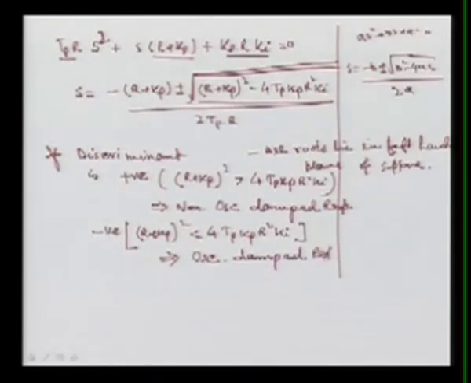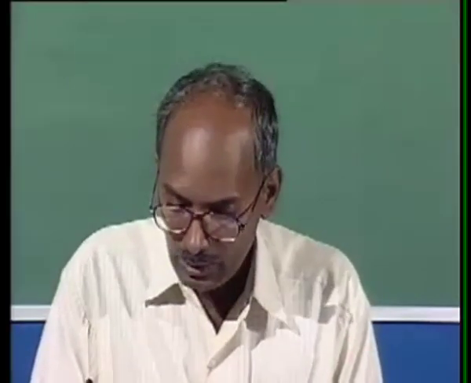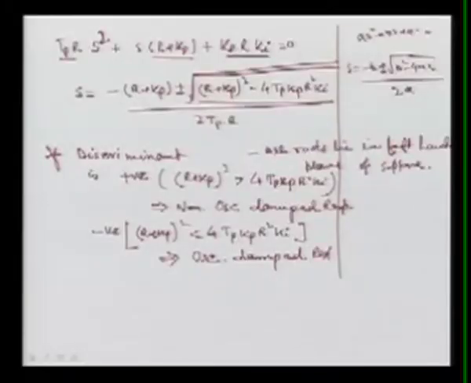Why is it so? If this is less than this, you can see that we are getting imaginary roots. We are getting a negative sign here, and the square root of a negative is an imaginary term.